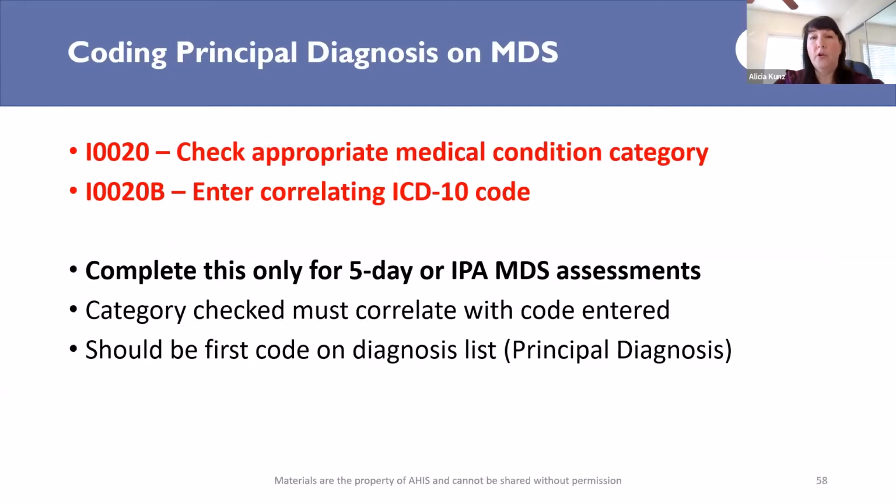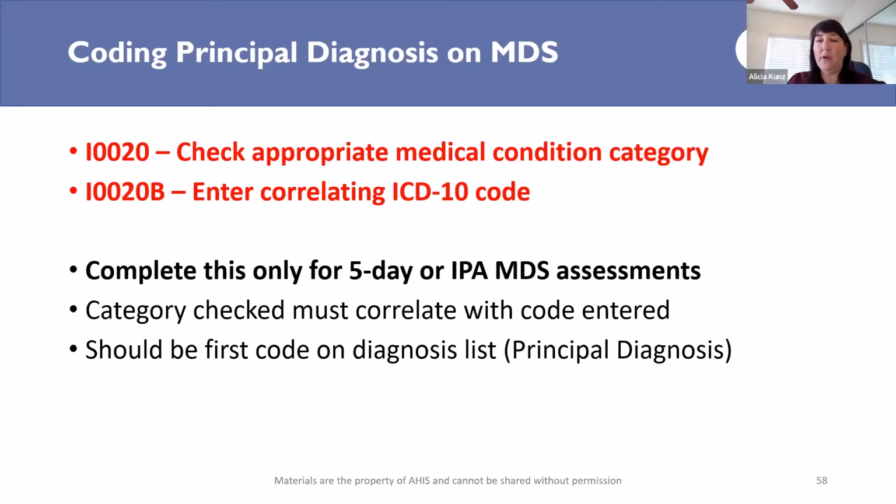So on your MDS, your 5-day, you're going to see box I0020. That's going to be the category, you have to click the appropriate medical category. And then on box I0020B, you enter the correlating ICD-10 code. Again, this is only on your 5 days or your IPA MDS assessments.